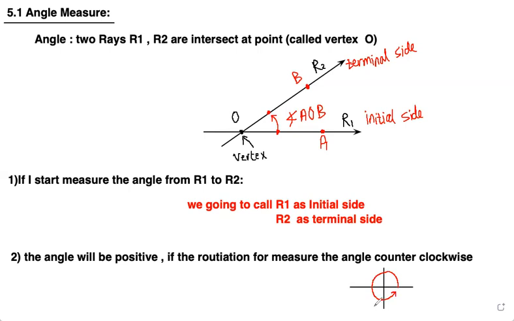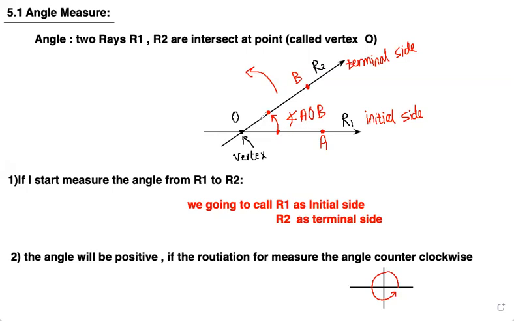This is counterclockwise, so the measure of the angle will be positive. In my example here, the angle AOB is positive because my rotation is counterclockwise, from this side to this side. This means the angle AOB has a positive measure.